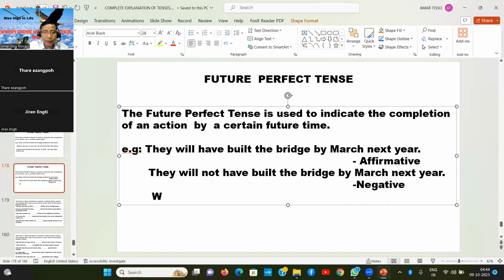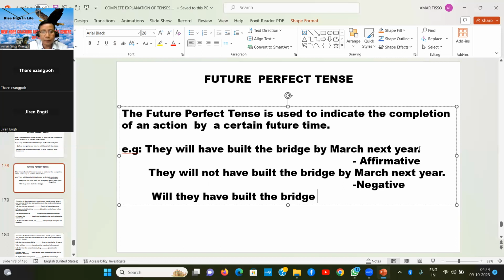Will they have built the bridge by March next year? Yes. Will they have built the bridge?